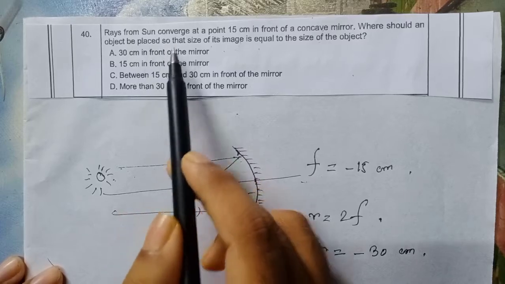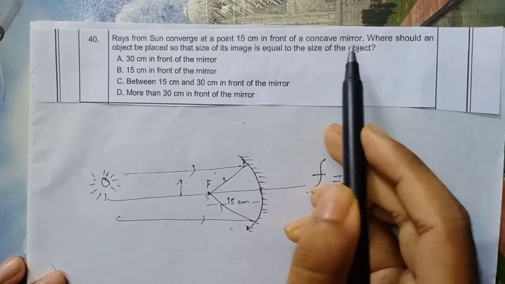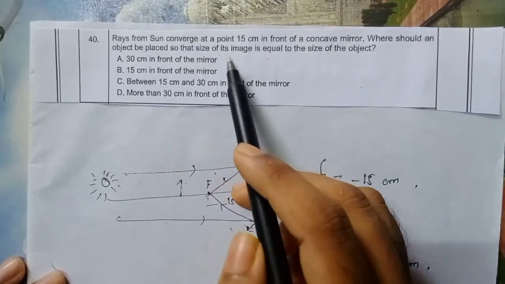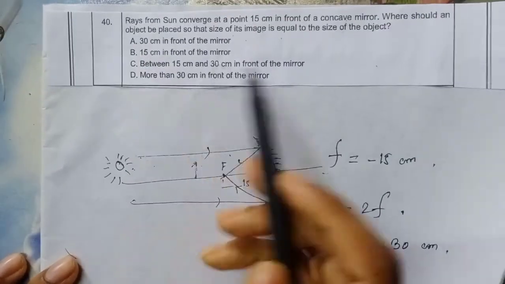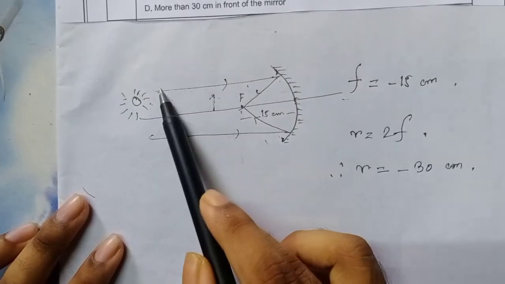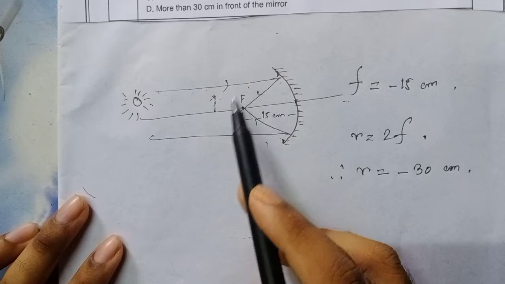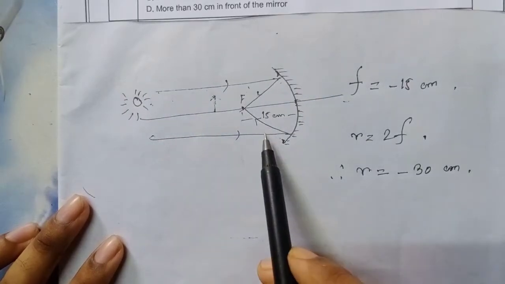Rays from sun converge at a point 15 centimeter in front of a concave mirror. Where should an object be placed so that size of its image is equal to size of the object? Okay, so this is the sun, and rays coming from the sun are assumed to be coming from infinity, so they are parallel to the principal axis.